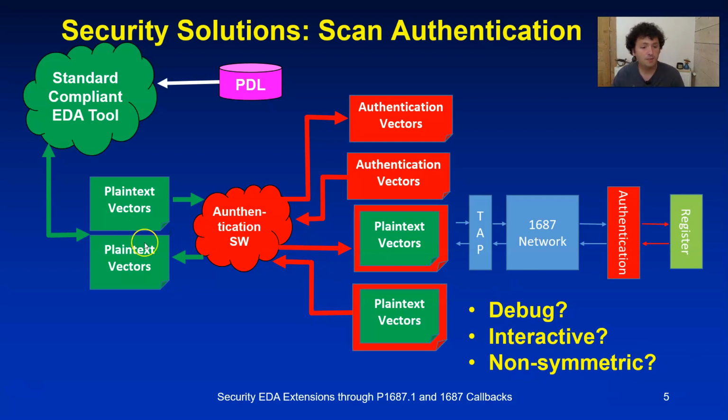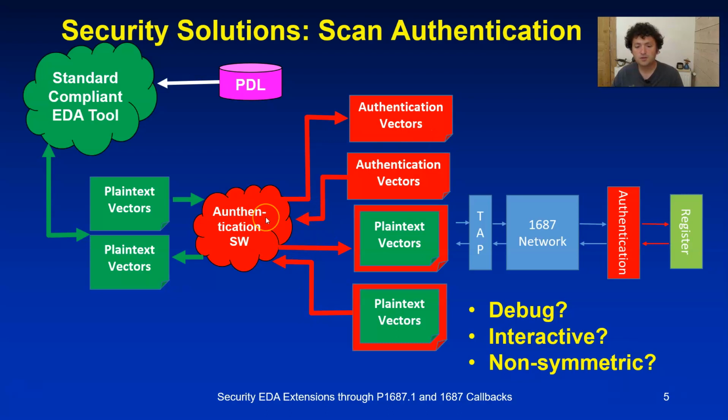Why? Because your vector does not need simply to be wrapped, but you also need to provide some authentication sequence before, where you're putting in the challenge, receiving the response, and resolving if the response is correct or not.